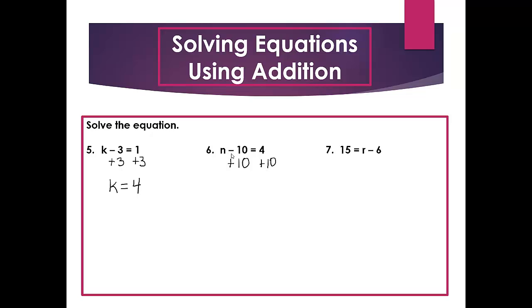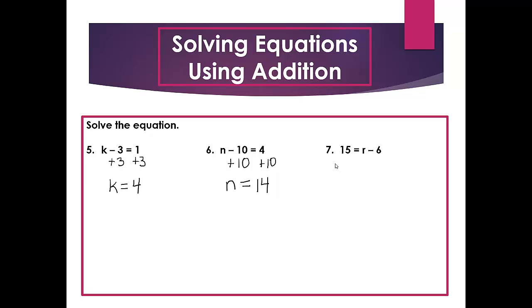So on the left-hand side, if we're subtracting 10 and then adding 10, those will undo each other, so we just have n. And that then would be equal to 4 plus 10, which is 14. Again, if we want to check our solution, we'll take 14 and put it in for n, and 14 minus 10 equals 4.